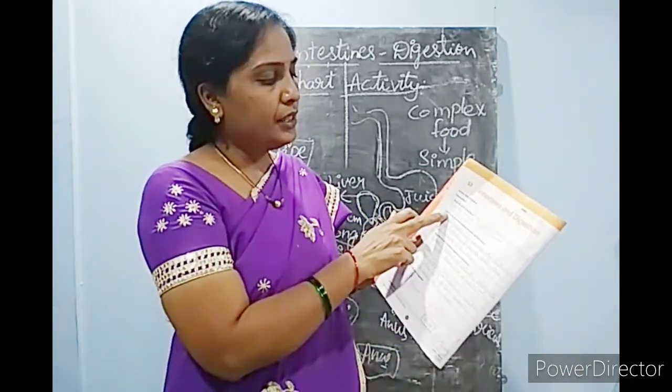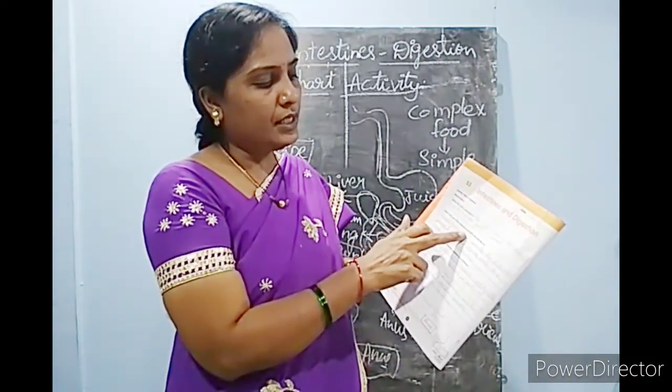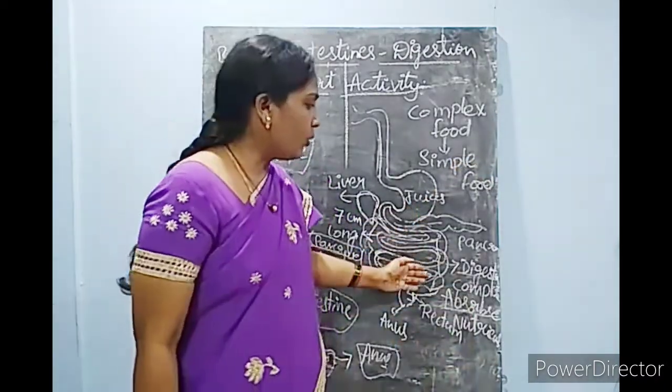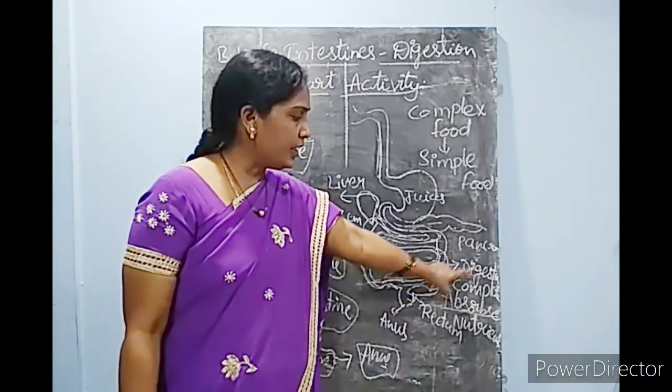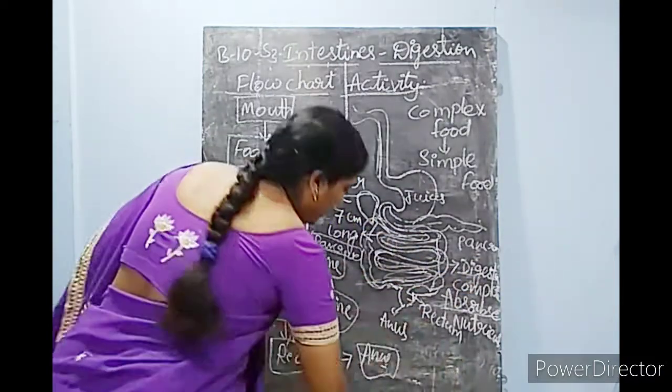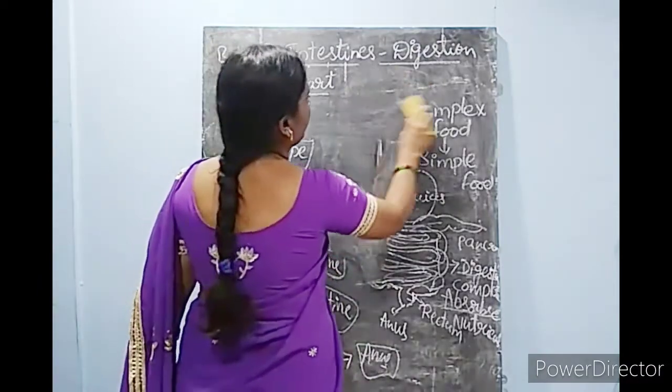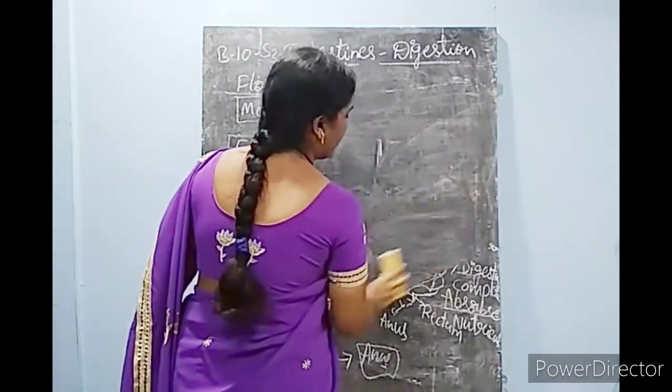The next one: write the role of the intestines and briefly note what they do. I will write clearly what the small intestine is doing and what the large intestine is doing.